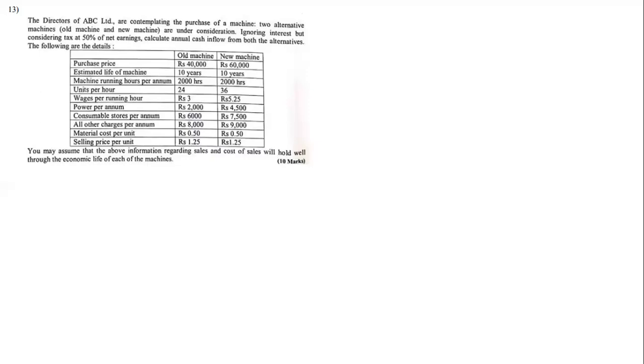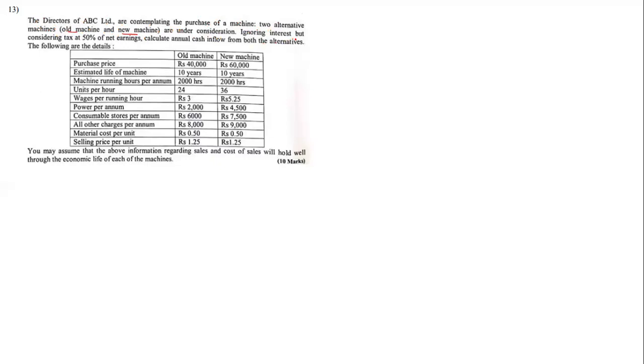The problem starts with the given data here. Let us review this. The directors of ABC Limited are contemplating the purchase of a machine. Two alternative machines, old machine and a new machine, are under consideration.